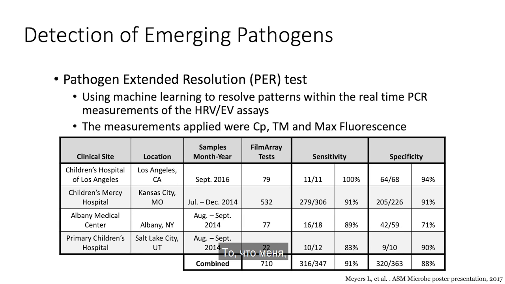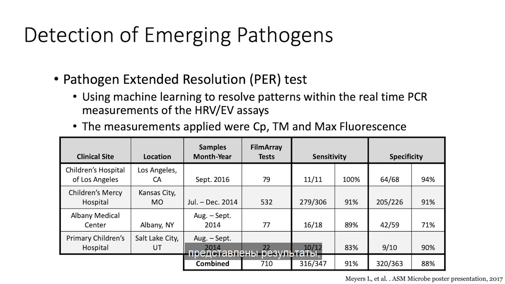The one thing that really sold me on the Trends software itself was in 2016, when we were seeing increasing levels of EV-D68 and increased numbers of acute flaccid myelitis cases in our institution. This used a part of the Trends software, a pathogen extended resolution test, where they can predict very accurately the presence of enterovirus D68 versus other rhinoenteroviruses.